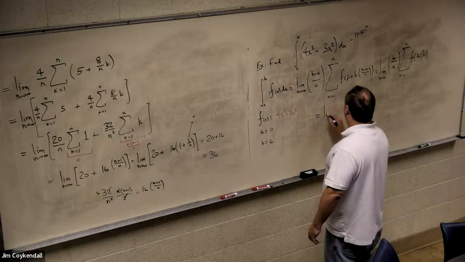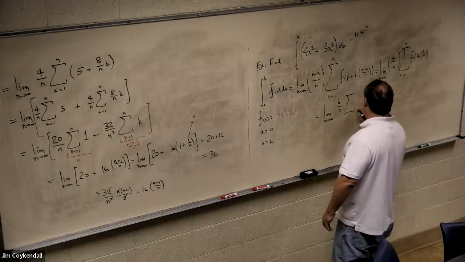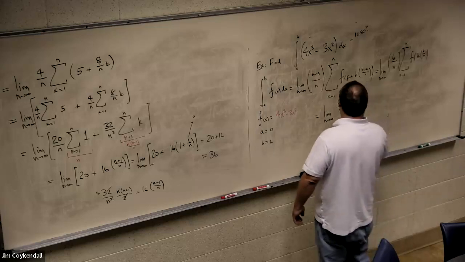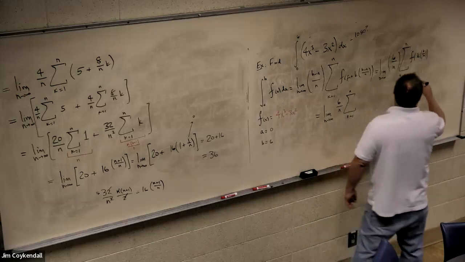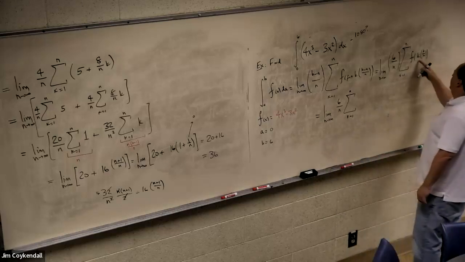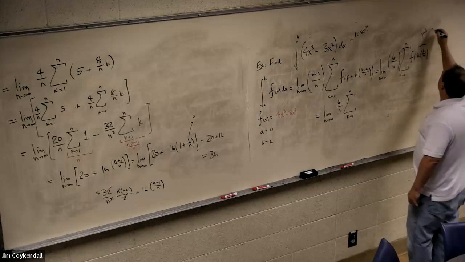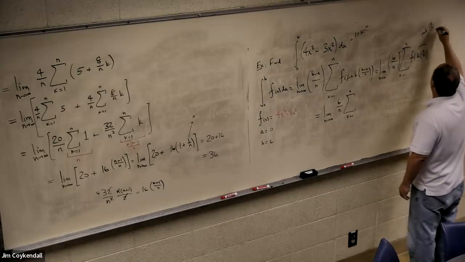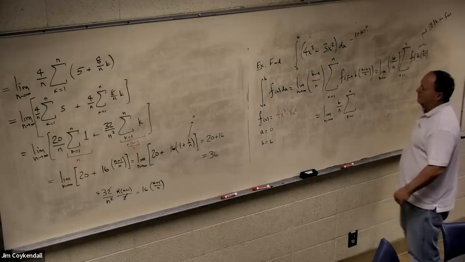So this is the limit as n goes to infinity of 6 over n times... Okay, so I've got to put 6 over n times k in for x.